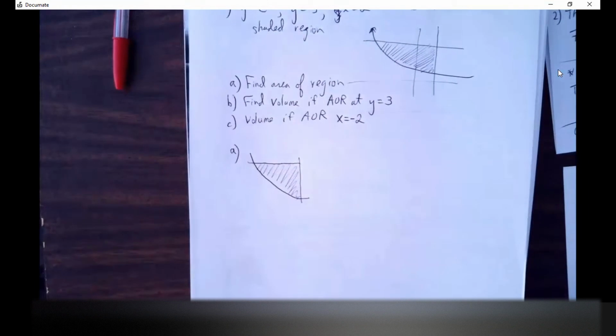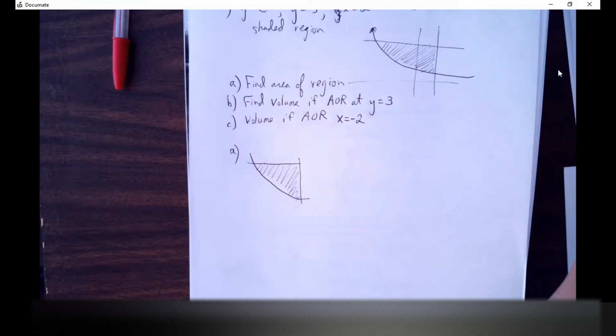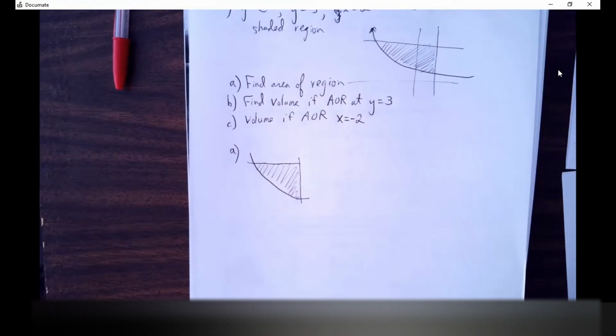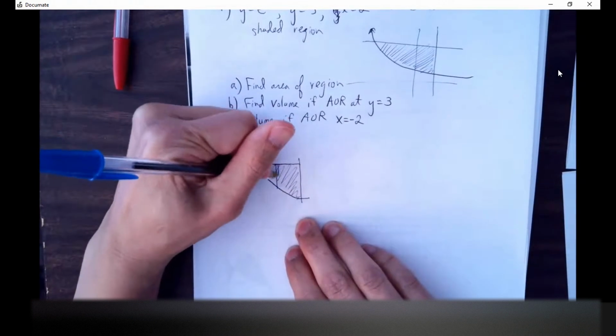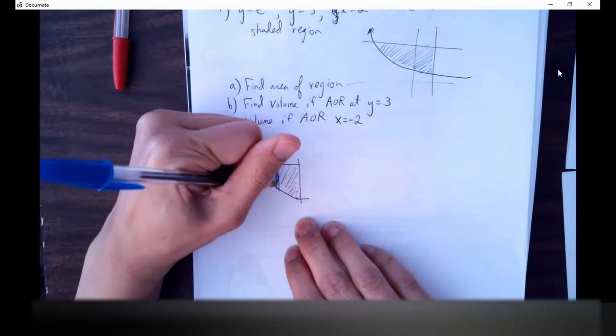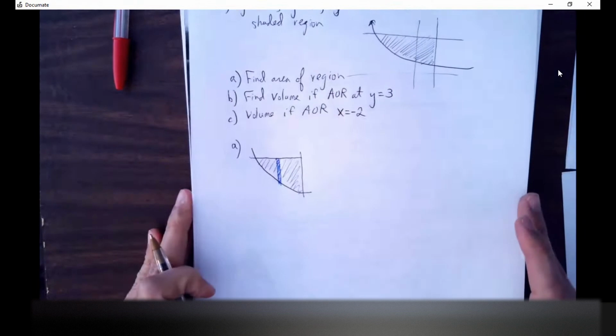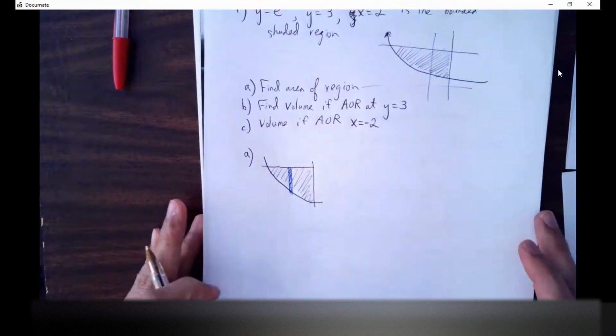Top minus bottom. Oh, here it is. Okay, so top minus bottom. All right, what's the top graph and what's the bottom graph?